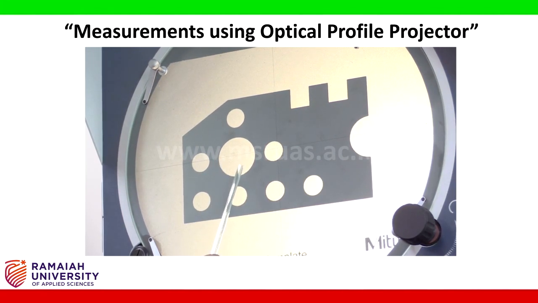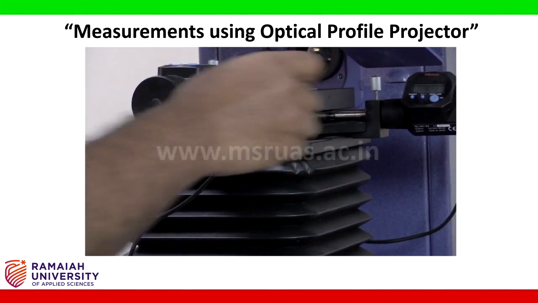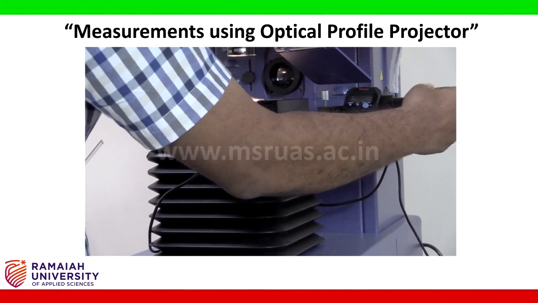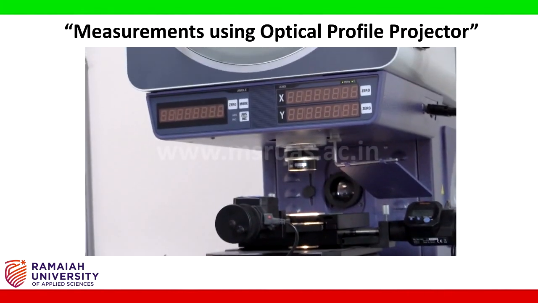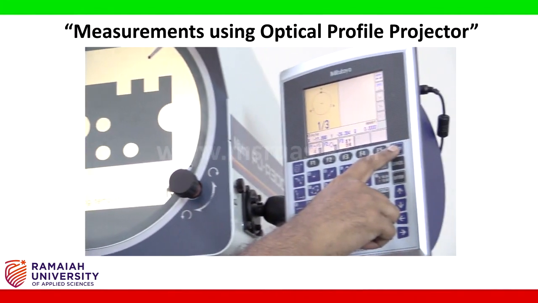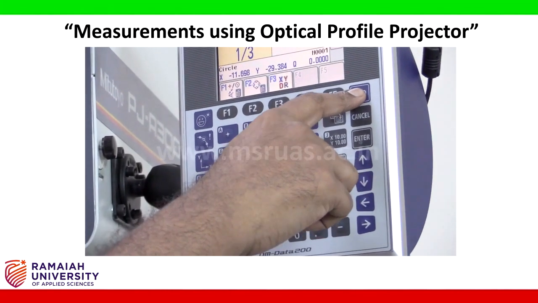So let us choose the first point by moving the X and Y axis. I have chosen the first point and then I am loading this first point coordinate to the QM data.